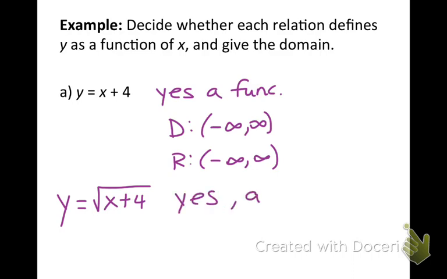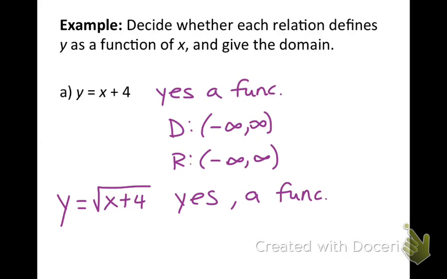So yes, a function. Now how do I identify the domain and the range? Is there any restriction to what number I put in here? Now let's think about this really quickly. If I plug in, let's say, negative 5, what do you get? Can I get the square root of a negative? Technically, yeah.